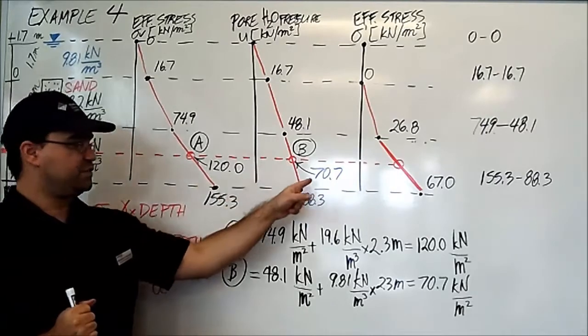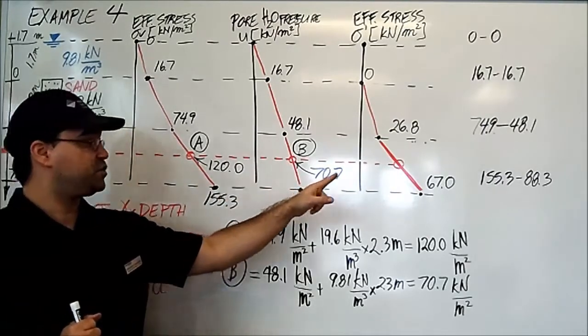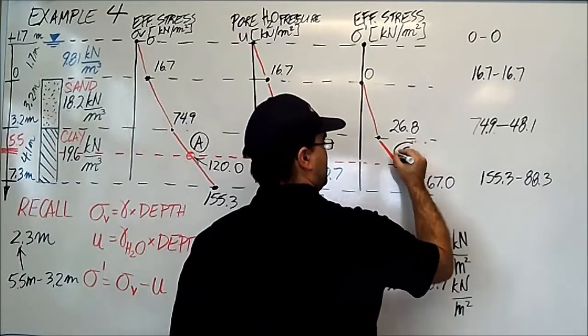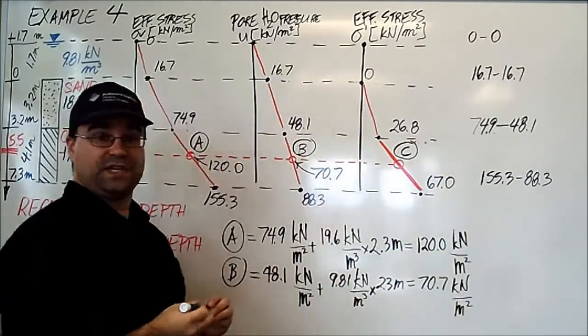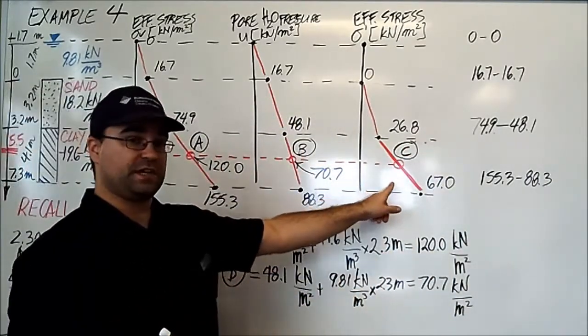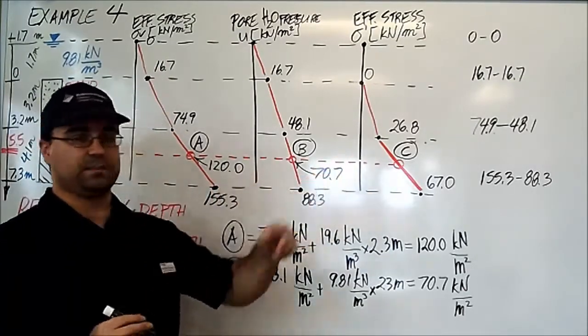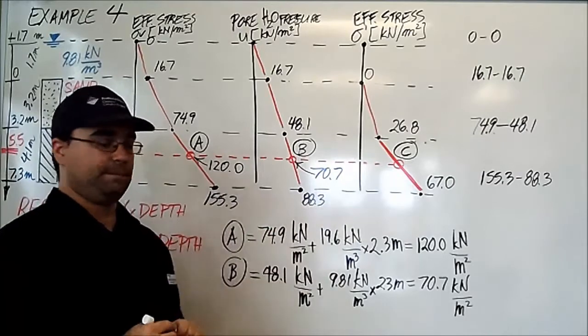Now that we've gotten this far, can we calculate the effective stress at that same location, C? Well, the answer is yes, because this is the easy part, right? Once we have these two numbers, if we do this minus that, we can obtain the effective one.